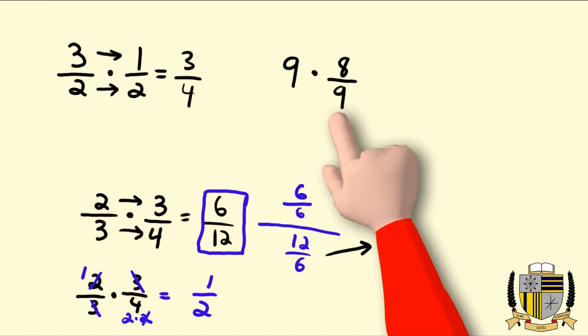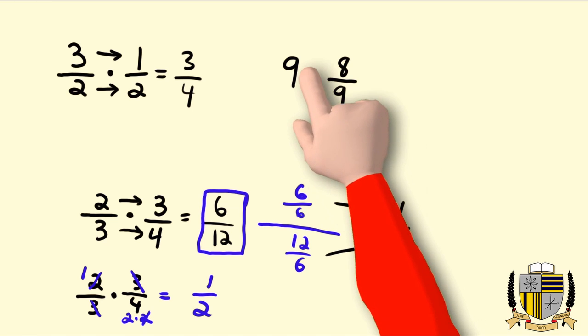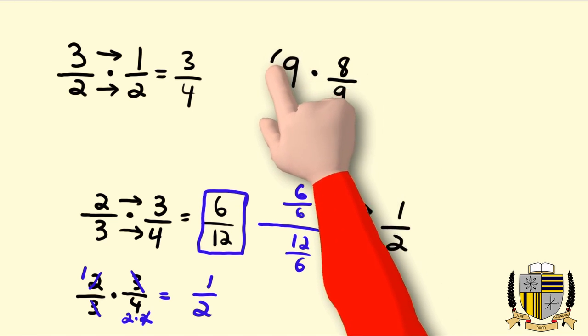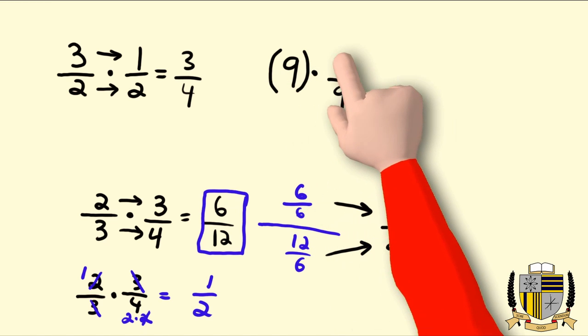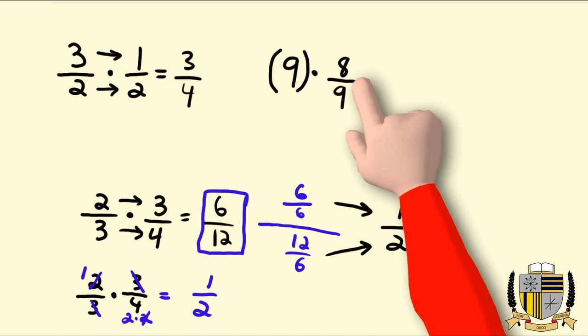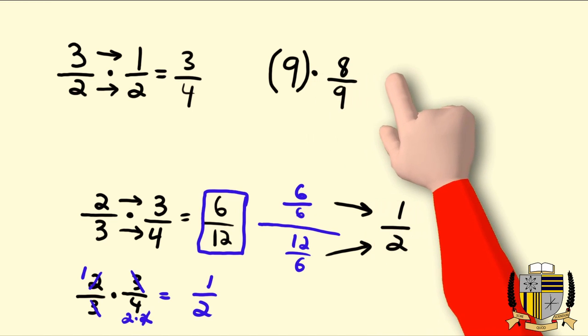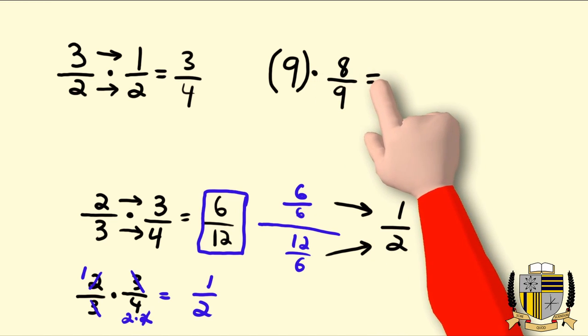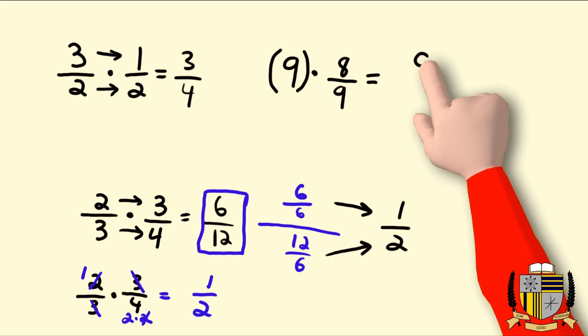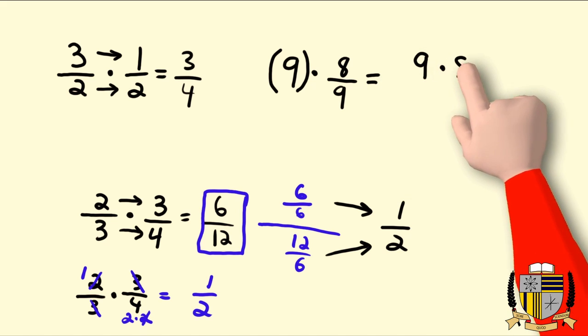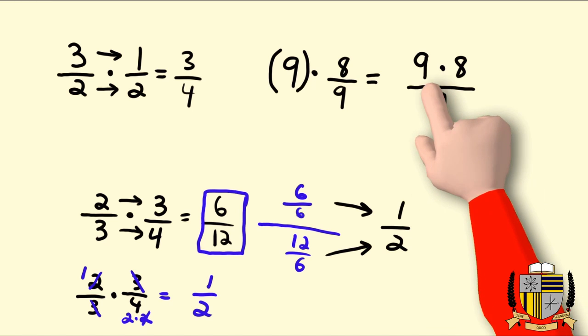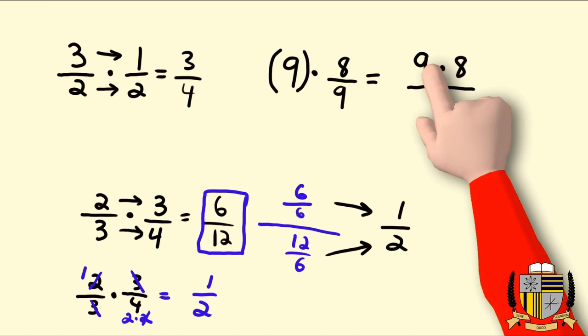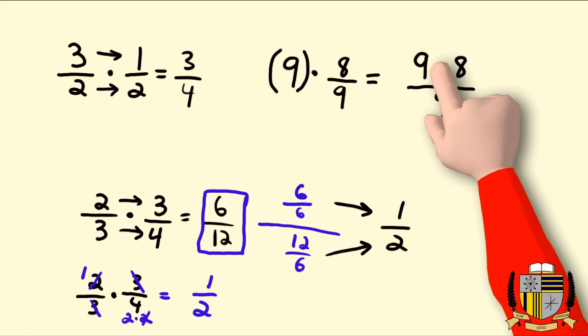Whenever you have a situation like this, where you have a whole number multiplied by a fraction, I think I should use a different example, but I will use this. Think of it like this. This is how I imagine it. The whole number is always up here, up on top with the numerator.